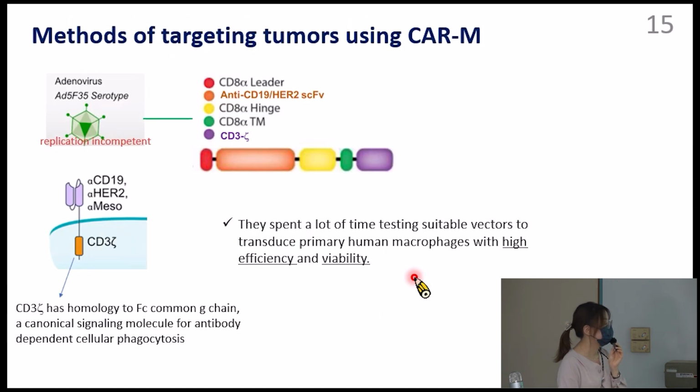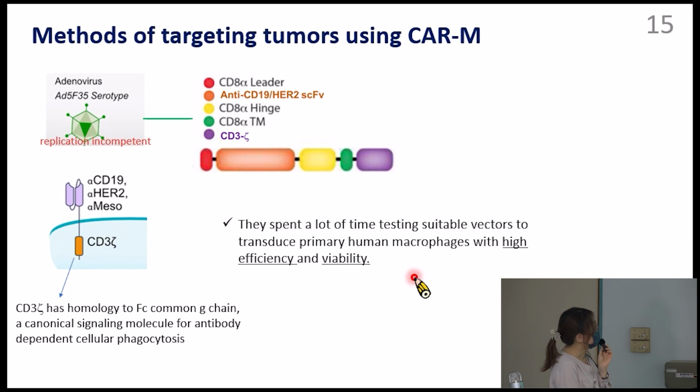Okay, so in the first step they found they can modify the macrophage into CAR macrophage in the cell line. The most important thing is they want to modify the primary human monocyte, because if you can modulate the primary human monocyte, this method can really be used in the patient.